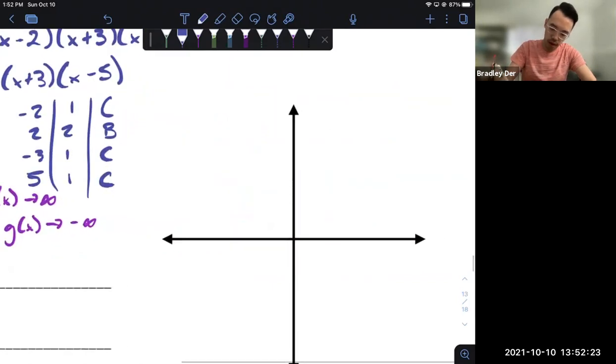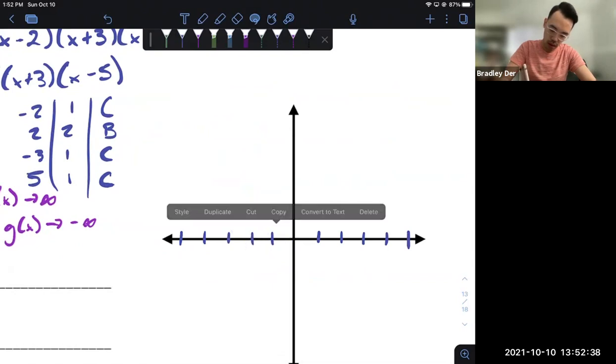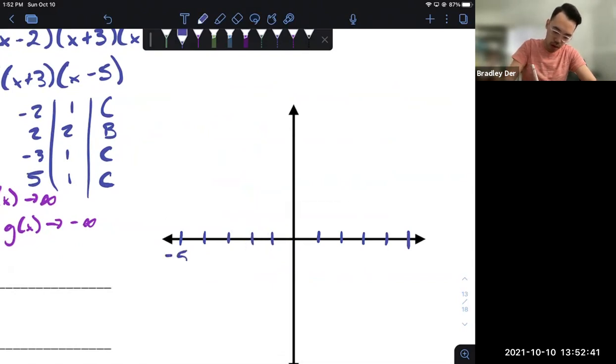Let's see, the greatest number I need is 5. Scaling out the axes and then drawing in the intercepts.